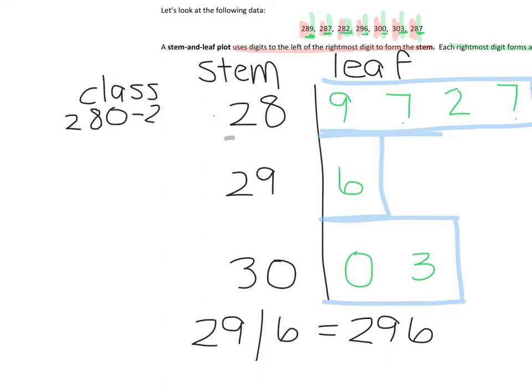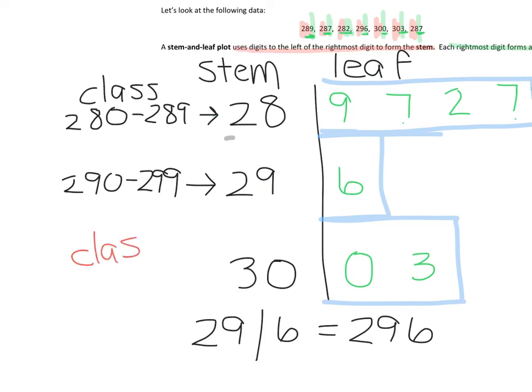So this represents class 280 to 289. And likewise, this stem of 29, the smallest leaf is 0, and the biggest leaf is 9. So it represents an interval of numbers again. And we also have a class width. What is that class width? For this particular setup, the class width is 10.